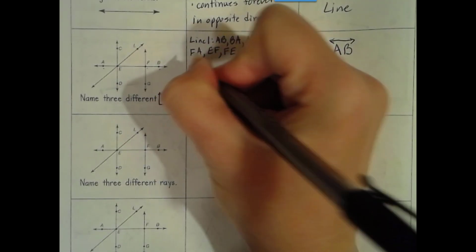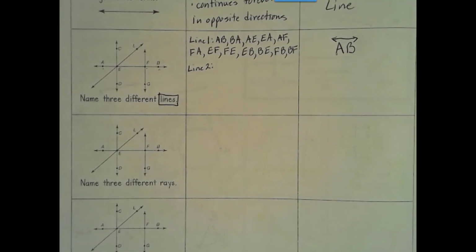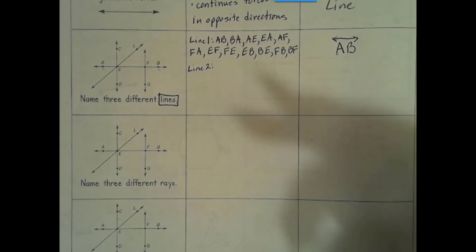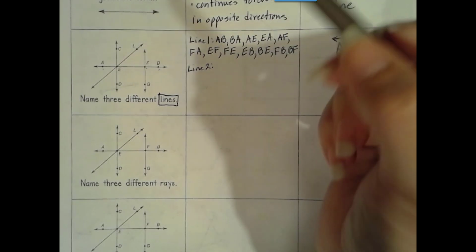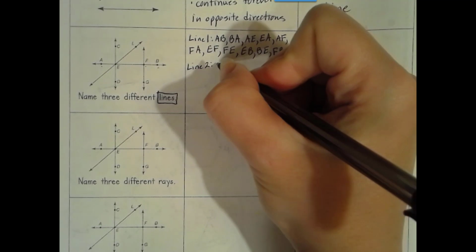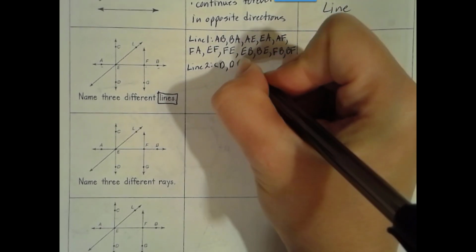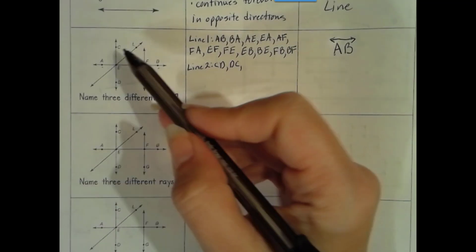I'm going to pick another one. Let's look at this one right here. So we could use CD or DC because they're on the same line.